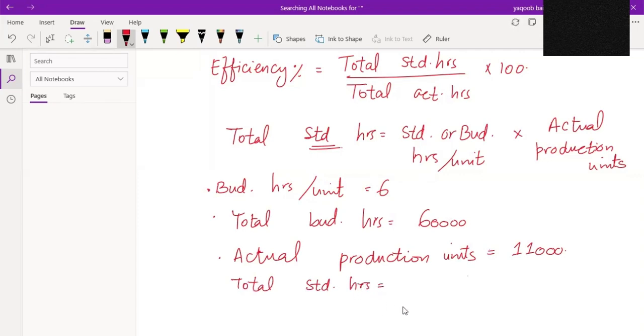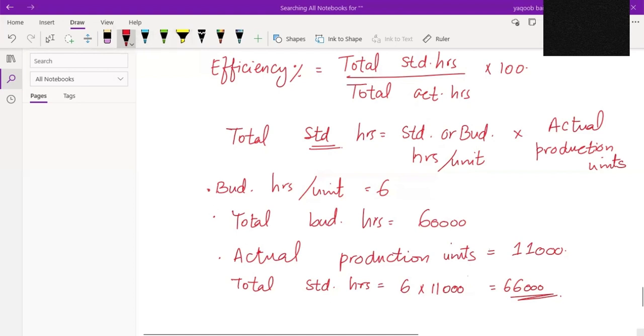Total standard hours is equal to budgeted or standard hours per unit, which is 6, into 11,000, which is equal to total standard hours of 66,000.